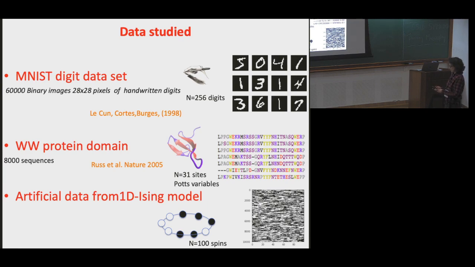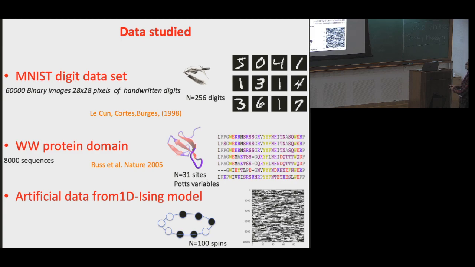Another data set on which I will focus is protein sequences, because now it's possible to sequence a lot of genomes, and the sequences corresponding to the same protein are collected in biological databases, for example, called PFAM.